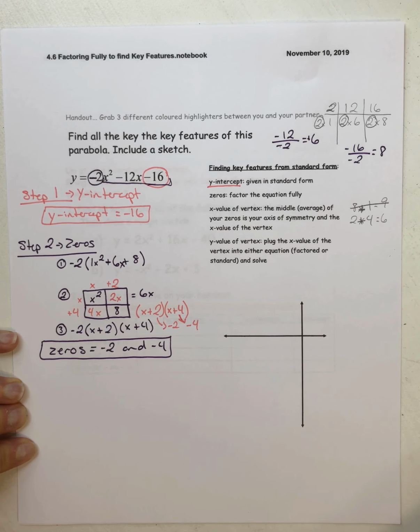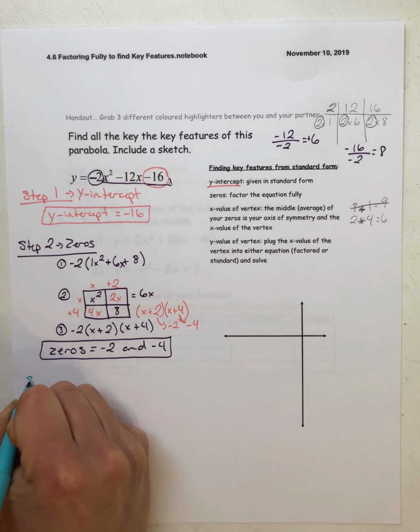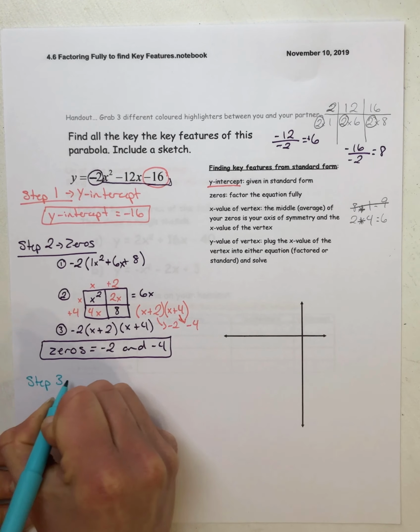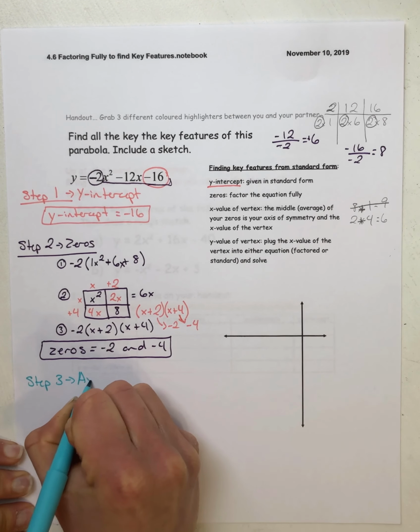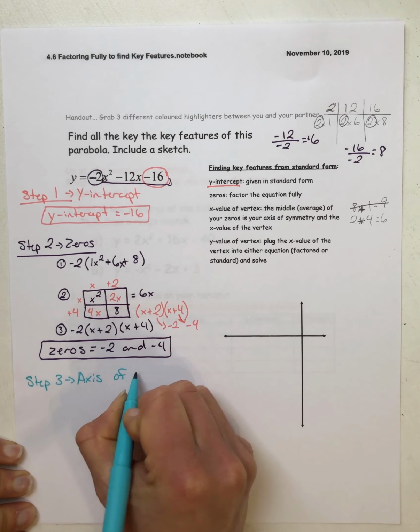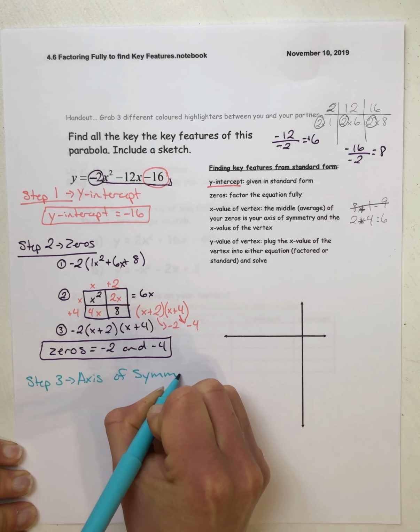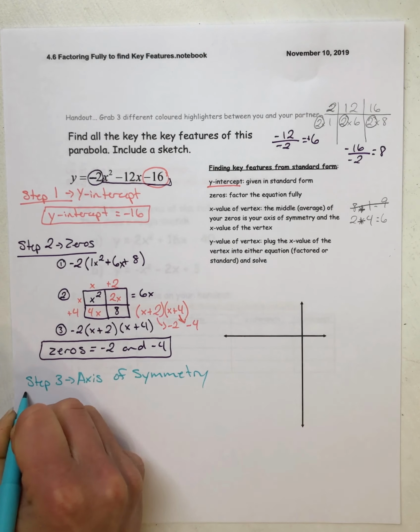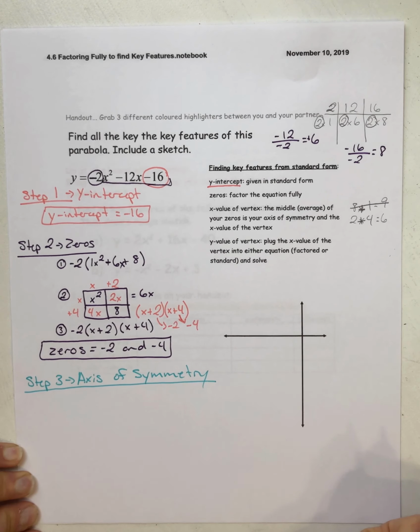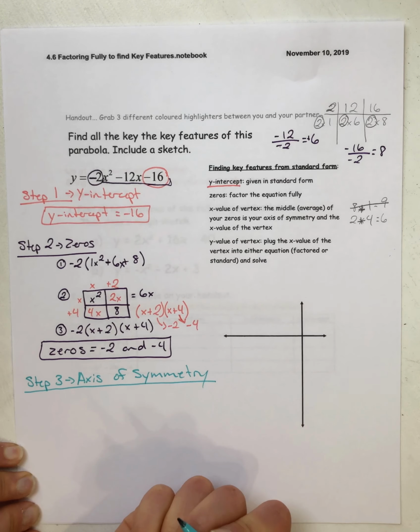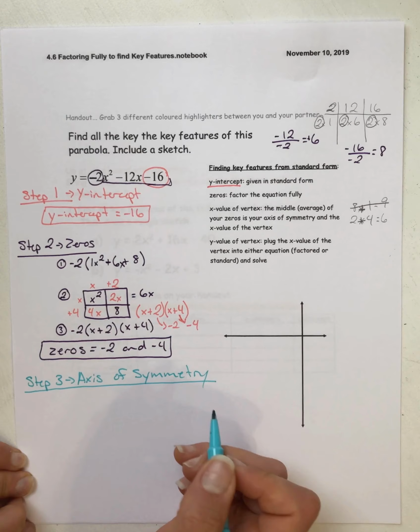And then our third step is to find the axis of symmetry. Now remember, to find our axis of symmetry, we add our two zeros together.